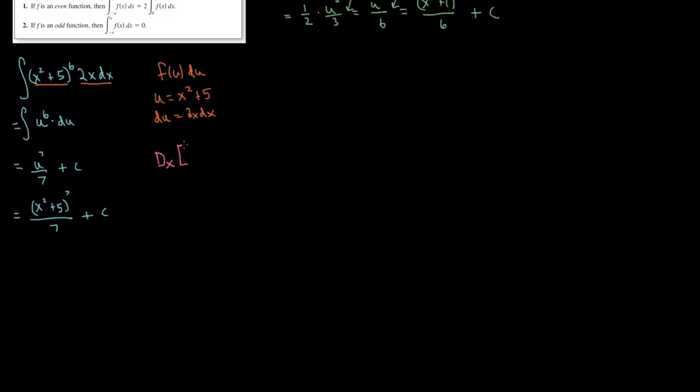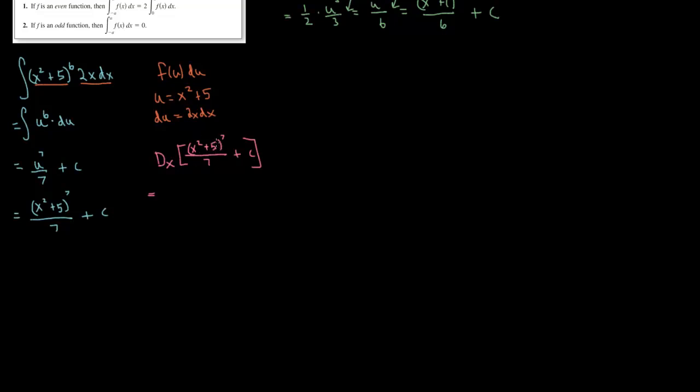So the derivative of (x squared plus 5) raised to the 7th power over 7 plus c equals, okay, this would be a chain rule derivative.